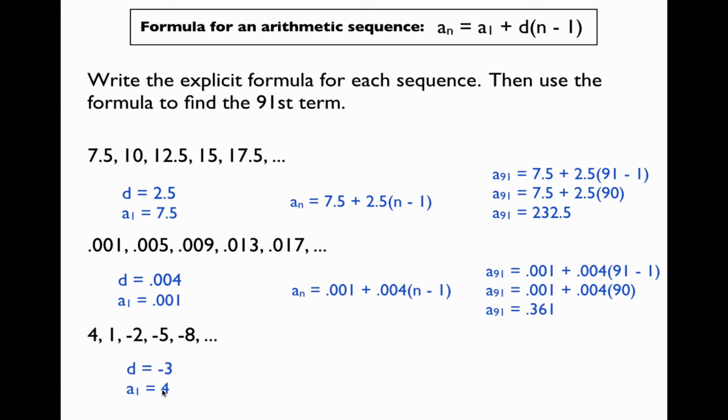So this is an example where the difference is negative, or we're subtracting from our first or initial value. So the explicit formula would be 4 minus 3 times n minus 1. And now we can find our 91st term the same exact way. And so what we get is the 91st term, or a sub 91, is equal to -266.